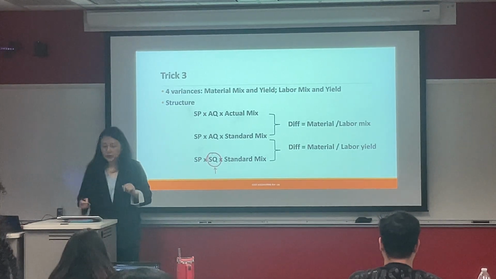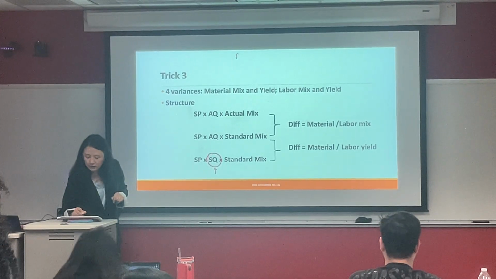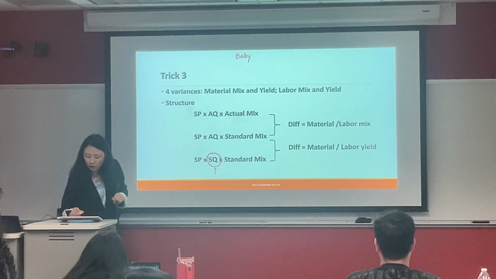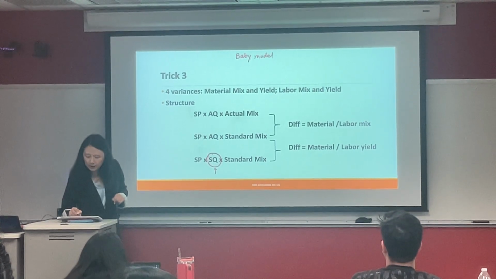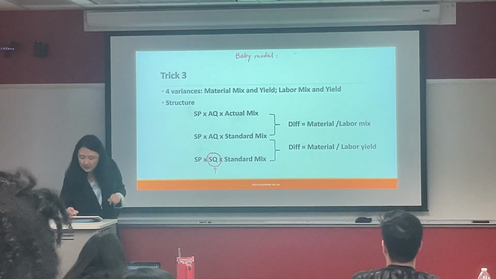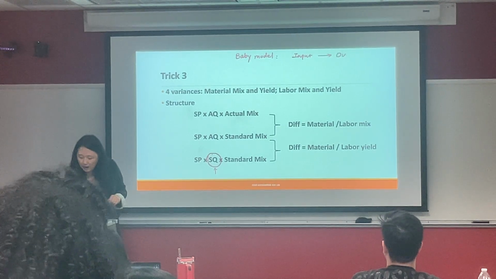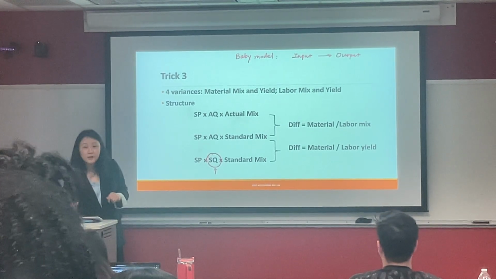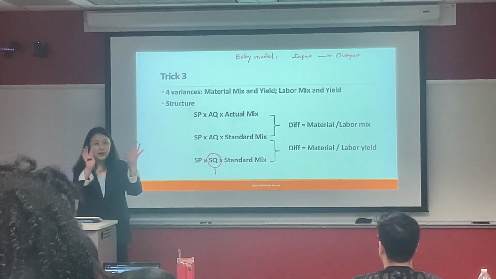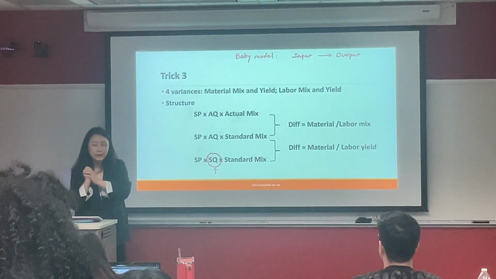Now, how do you calculate SQ? What you can do is always have a baby model. The baby model gives you some kind of input, and then gives you output. You put something in, something comes out.